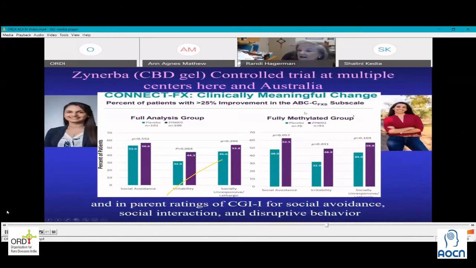In the full analysis, although there were benefits, it wasn't quite significant compared to placebo, but in those that were fully methylated, it did show a significant difference for social avoidance and irritability, and also in the parent rating for the Clinical Global Improvement Scale for social avoidance, social interaction, and disruptive behavior.